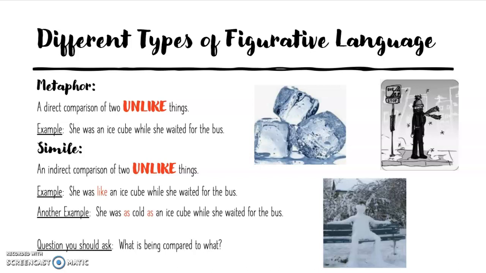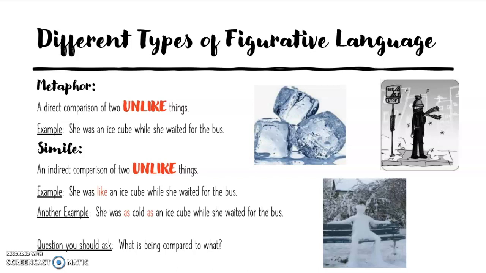So for example, you might say something like, wow, she is really like her sister or her mother or whatever, right? And those are very like things. They're alike. Those are two girls. They're in the same family. You can see how they would be compared to each other because they have some of the same characteristics. That is a literal comparison.